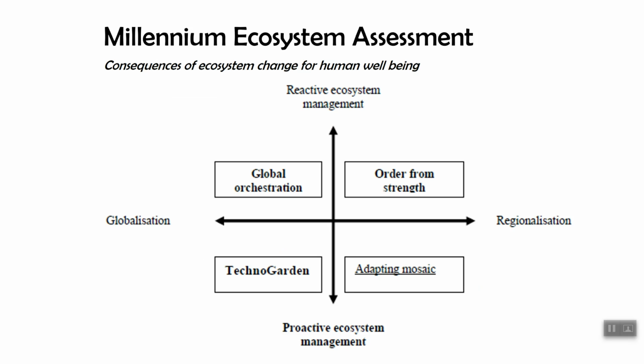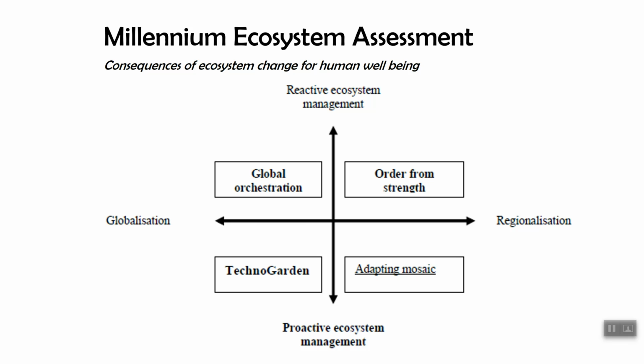The Millennium Ecosystem Assessment addressed the consequences of ecosystem change for human well-being. In this case, they looked at a reactive ecosystem management versus a proactive ecosystem management in the north-south dimension, and globalization versus regionalization.